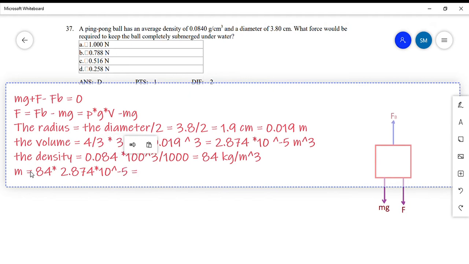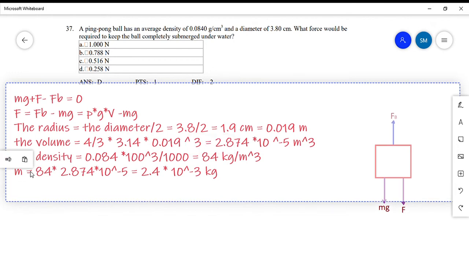So the mass will be 2.4 times 10 power negative 3 kilogram. So this is the mass.